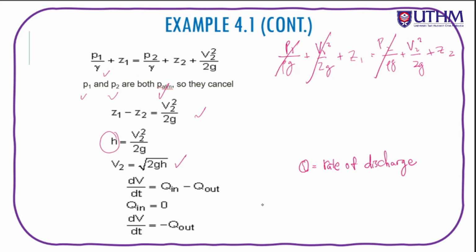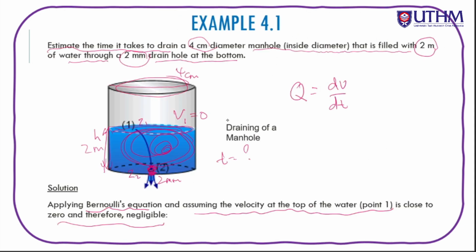So macam mana kita nak relate this velocity dengan rate of discharge? Macam saya cakap tadi, dV over dt adalah Q in minus Q out. However, rate of discharge untuk dia masuk tak ada, so dia consider Q1 equals to 0. Yang kita ada sekarang yang keluar ni Q2 equals to something, betul tak?